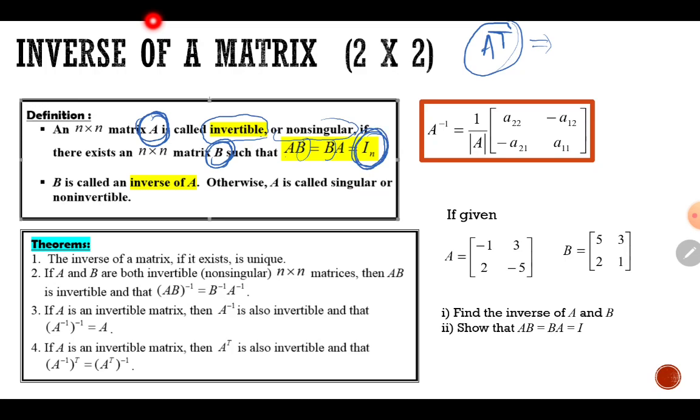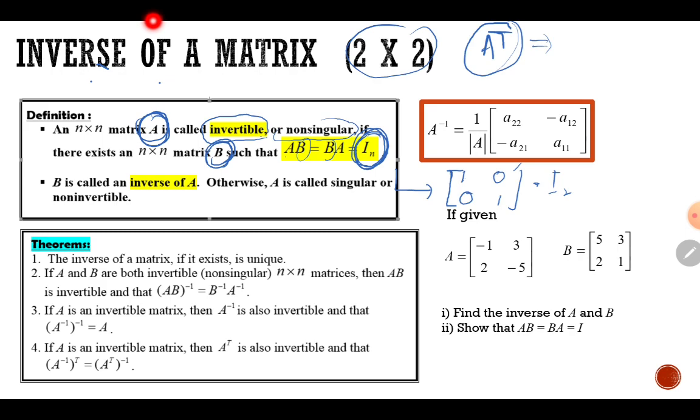Remember, I have introduced to you before what is identity matrix. Identity matrix ni maknanya matrix yang nilai dia sama dengan 1, where for a 2 times 2 matrix, this is the identity matrix of size 2. Remember?